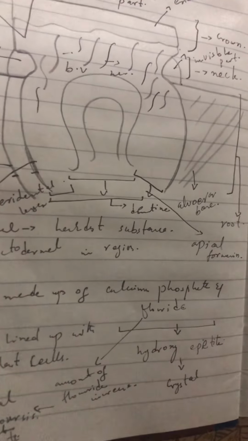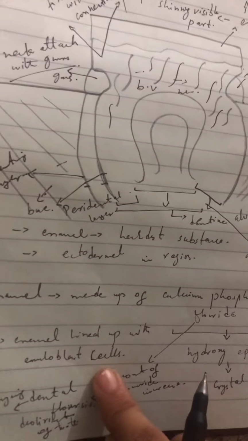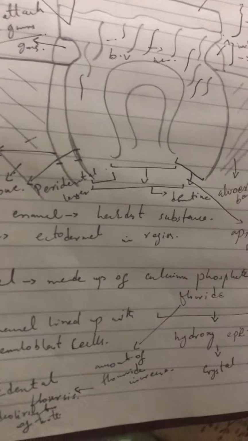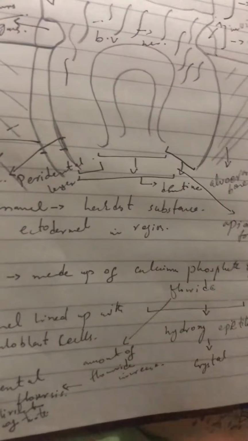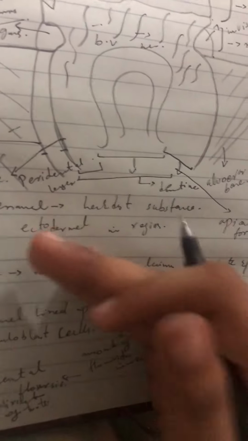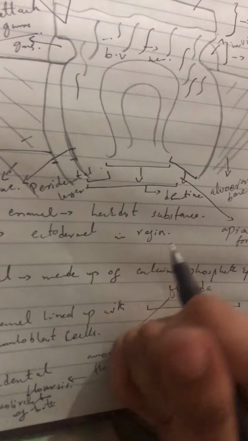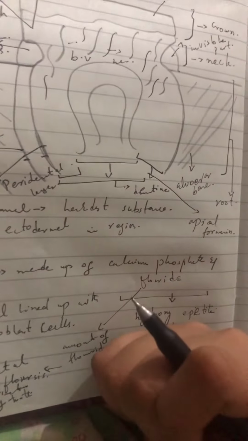The chemical name of them is hydroxyapatite, in crystal structure. Enamel is lined with ameloblast cells. When the amount of fluoride increases, a disease called dental fluorosis happens. After dental fluorosis, decaying of the tooth and decolorization of teeth will start.